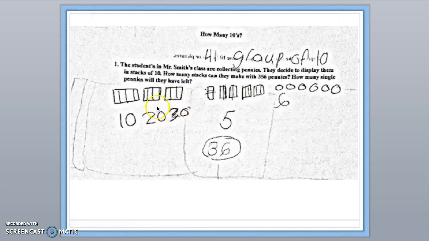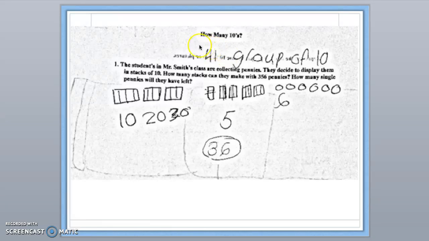Here the student was able to note that 300 makes 30 tens, as she drew here, and then the 50, but instead of counting the 6 ones, she made another group of 10.